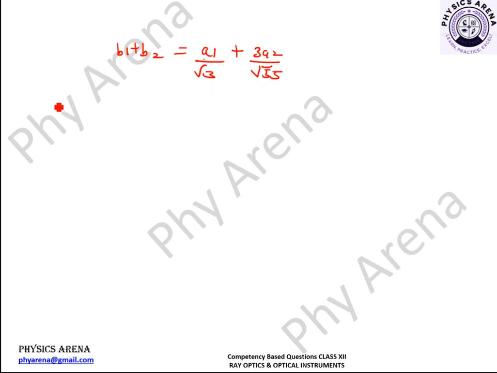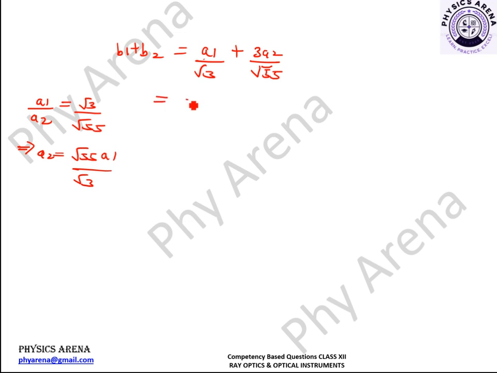Now it was given to us earlier that A1 upon A2 was under root 3 upon under root 55. So in place of this A2, I can write under root 55 times A1 divided by under root 3.